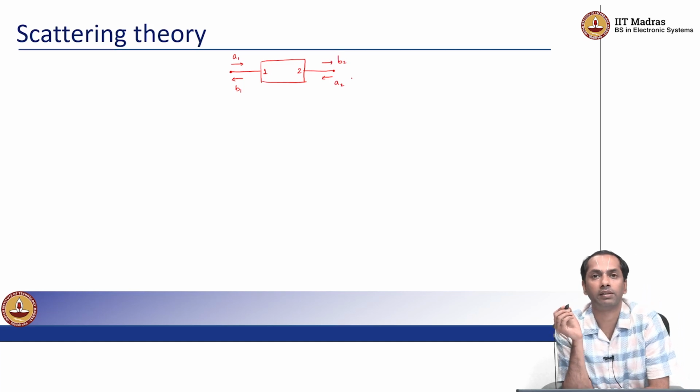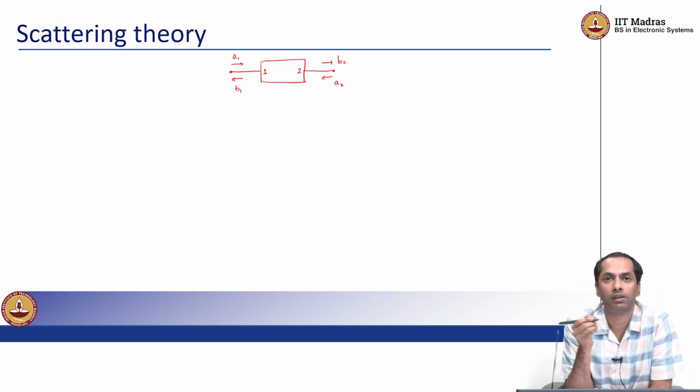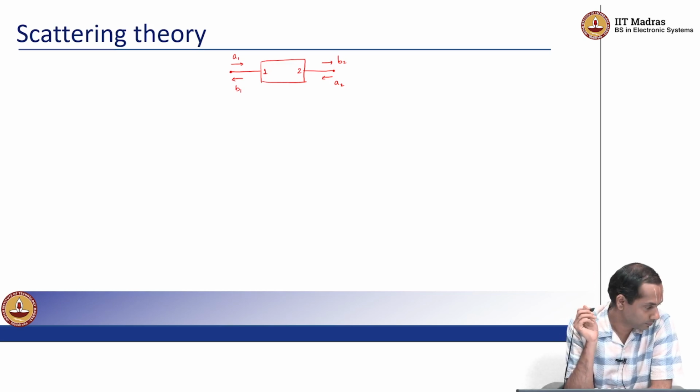Remember that A's always signify power coming into the port, and B signifies power leaving the port. So an arrow moving towards the device is usually denoted with the lowercase a, and the power that is leaving the device in both ports is with lowercase b.